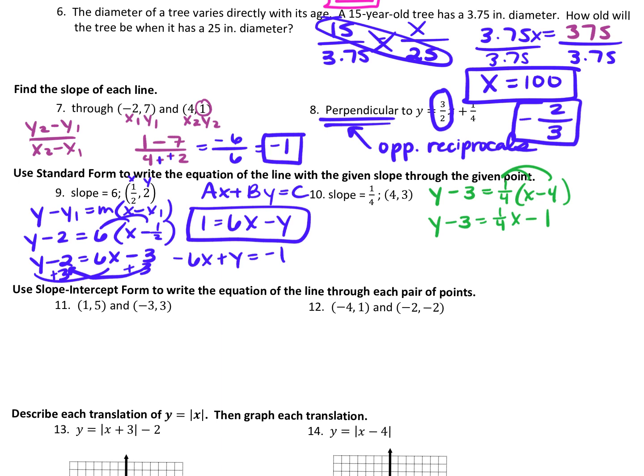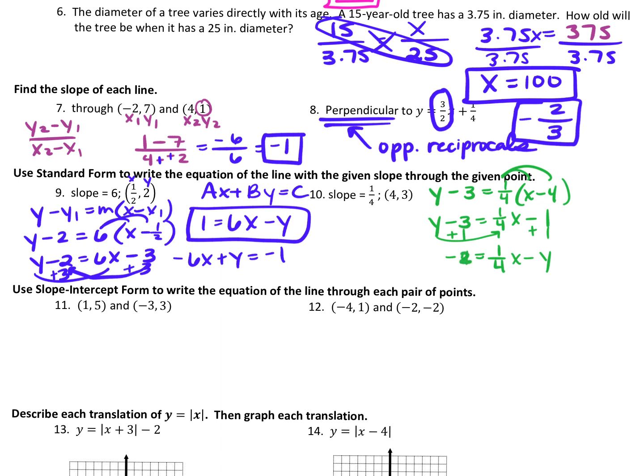With standard form, we can't have fractions. So again, I would move the y over. So I would have 1/4 x minus y. And then I would add the 1. So that would be a negative 4. Nope, sorry, that would be a negative 2.